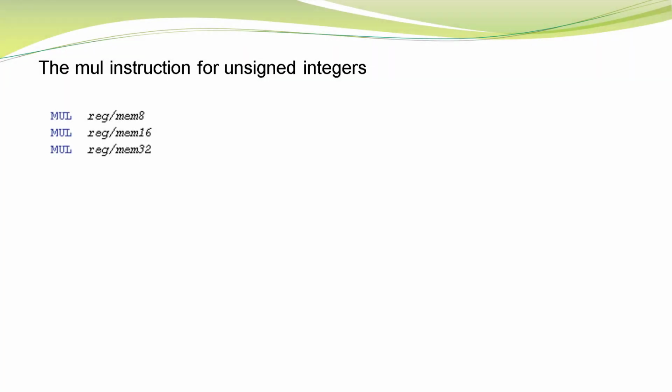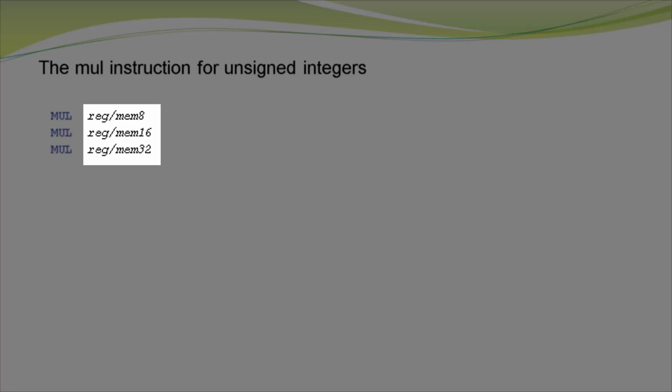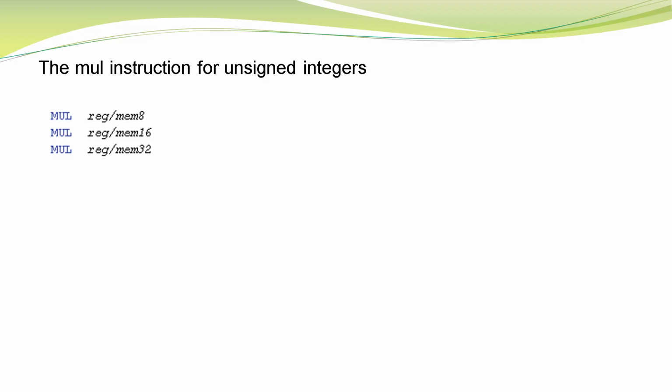I can multiply 2 8-bit things, or I can multiply 2 16-bit things, or I can multiply 2 32-bit things. What's weird about this instruction is that it appears to have only one operand. Actually, it has one explicit operand, and the other one is an implied operand. Here are the explicit operands, and these are the implicit operands.